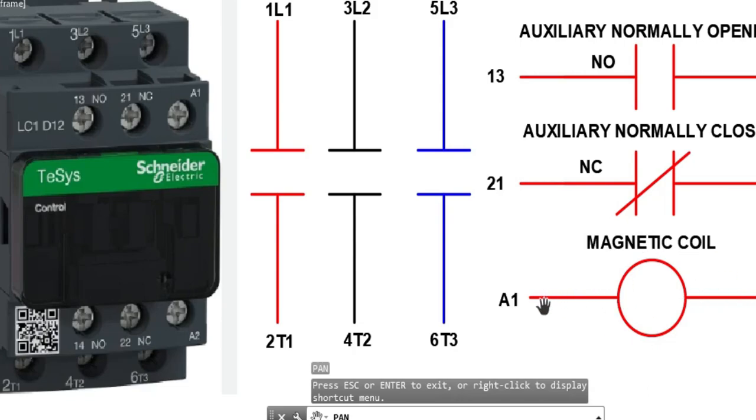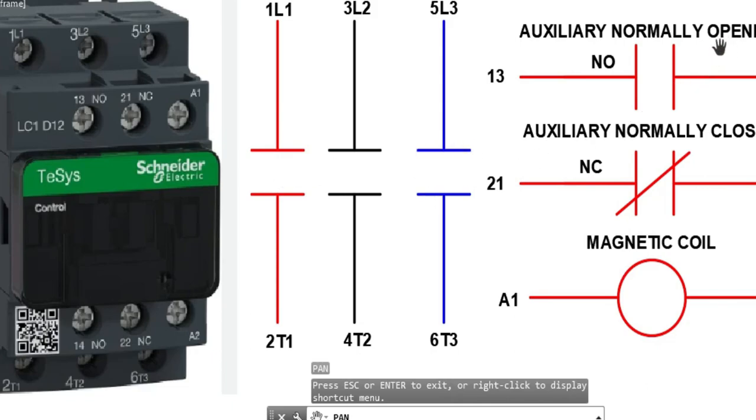This is the magnetic coil. When we inject around 220 volts, the coil will be energized. Once the coil is energized, this open contact will be closed.